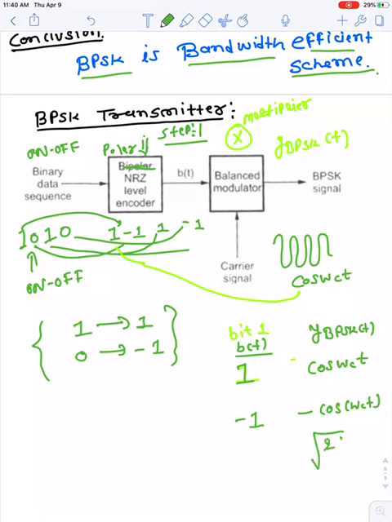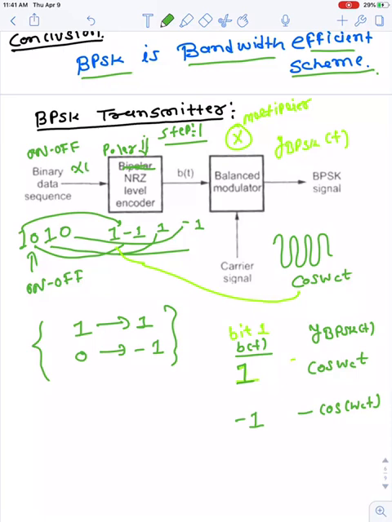I have skipped the square root of Eb by Tb portion here for simplicity, so that you can understand. If your input here is 1, we are producing cos omega ct. If your input is -1, we are producing minus cos omega ct. But this -1 is basically a 0.